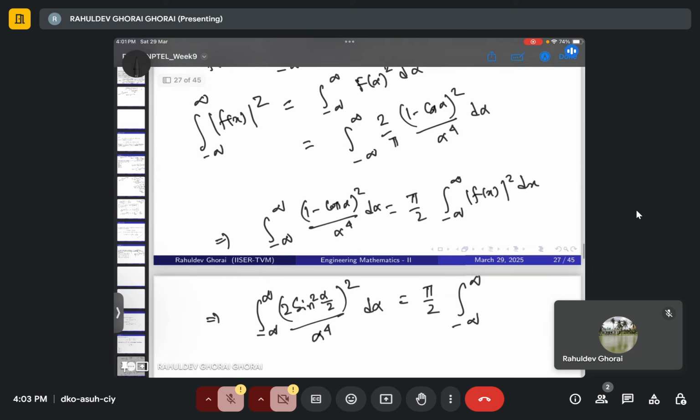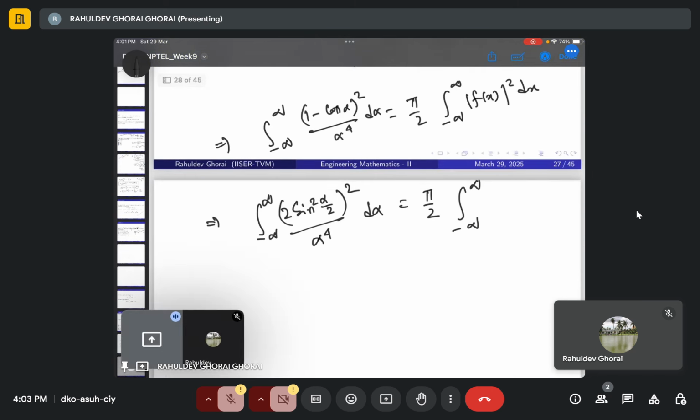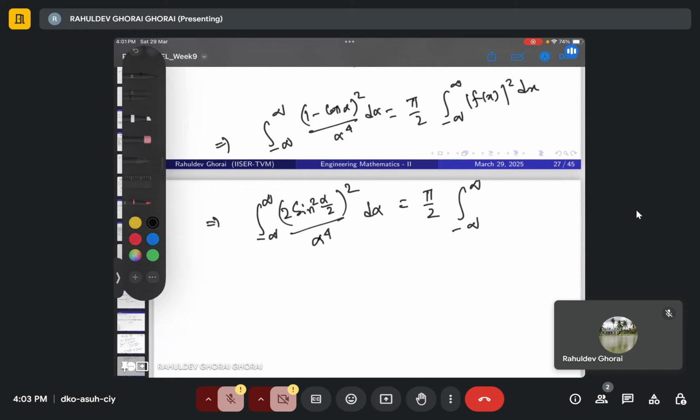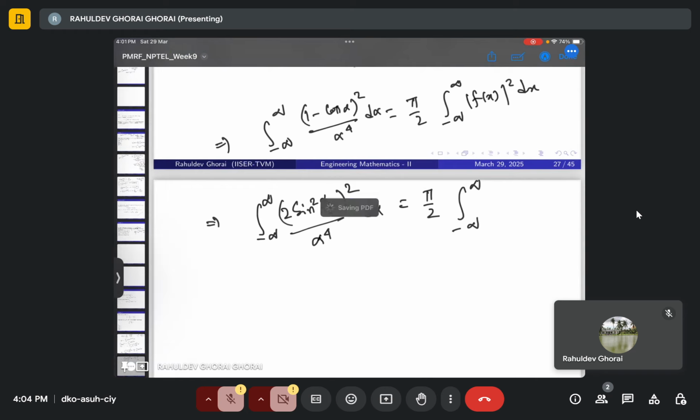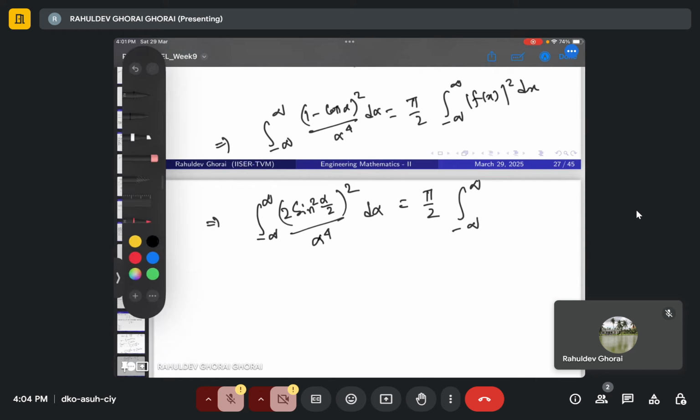So I will consider only from minus 1 to 1, right? Instead of minus infinity to infinity, I'll only consider from minus 1 to 1. What is f x? 1 minus mod x, that whole square dx, right? And here what you are getting is 4 times the integral from minus infinity to infinity.